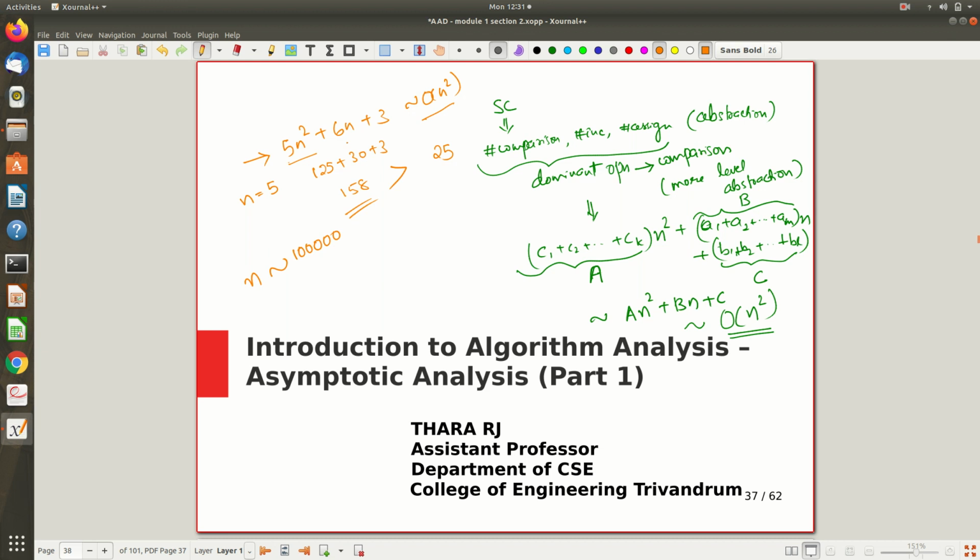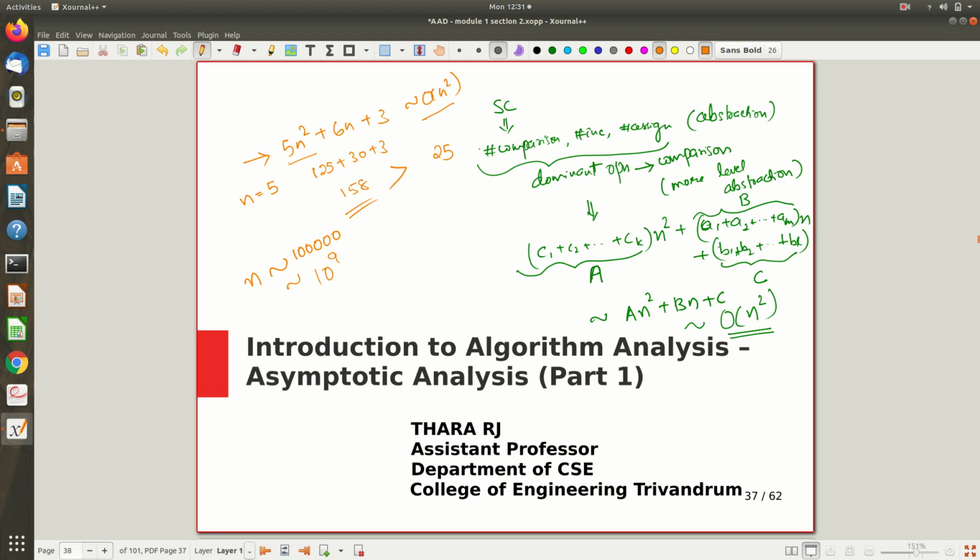As the input size increases, it can be 10 power 9 or 10 power 10, some very big value of input size you assume, and at that time you can see that these two things are almost the same. The effect of the smaller constants is less compared to the n square term, because n square is a quadratic term and n is just a linear term.